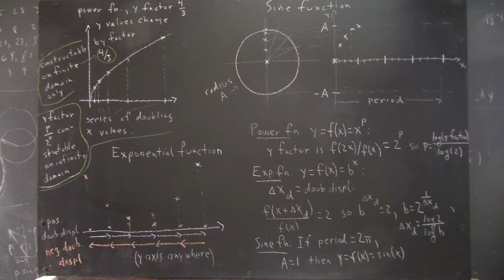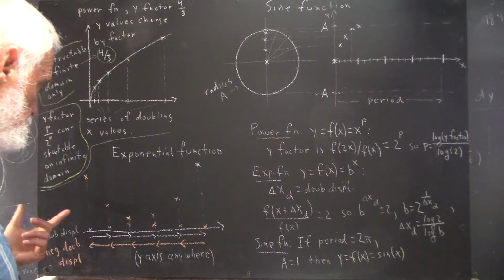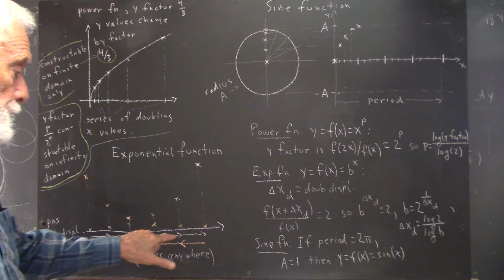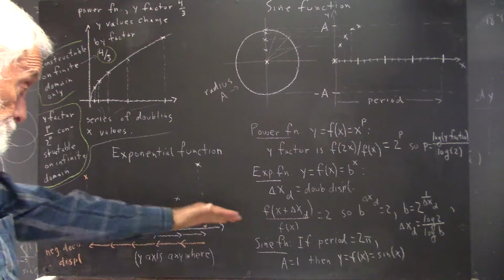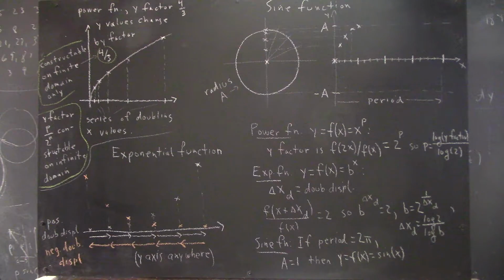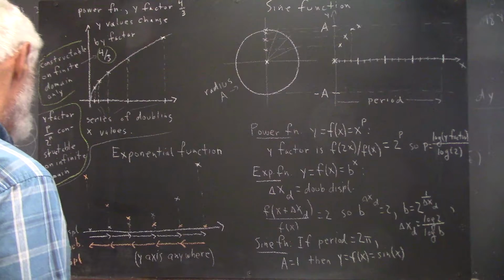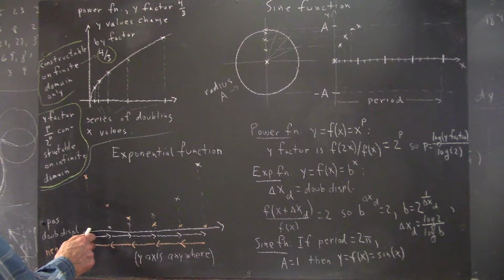Exponential function. How do we construct an exponential function? Well, we start with an arrow that represents a doubling displacement and an x-axis. So we put a series of these arrows head to tail along the x-axis, and we choose a beginning value.